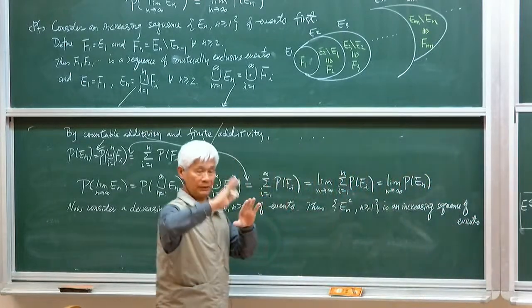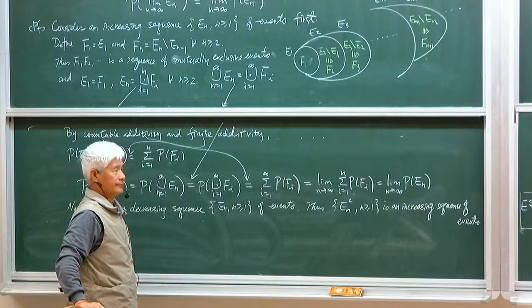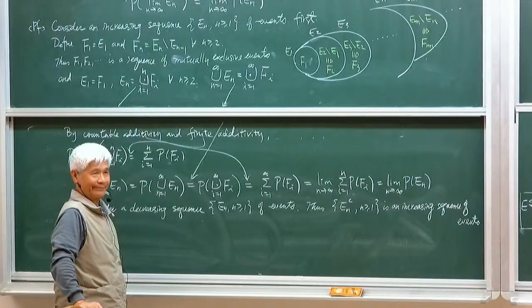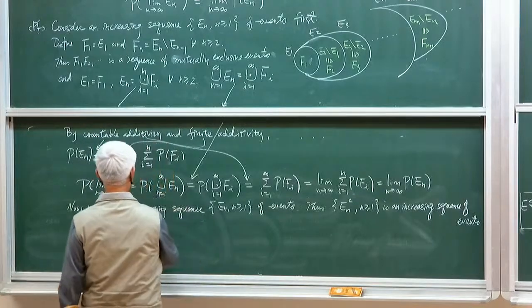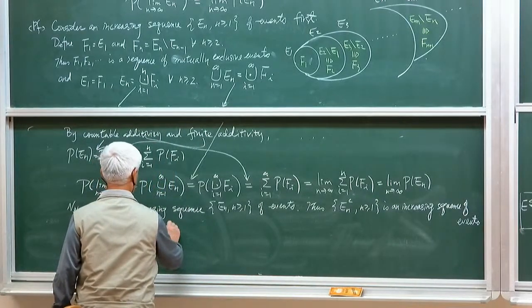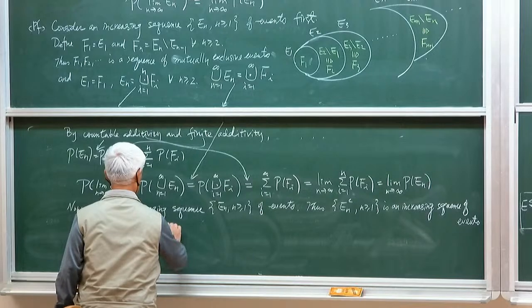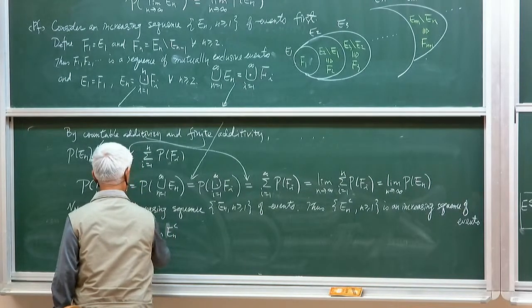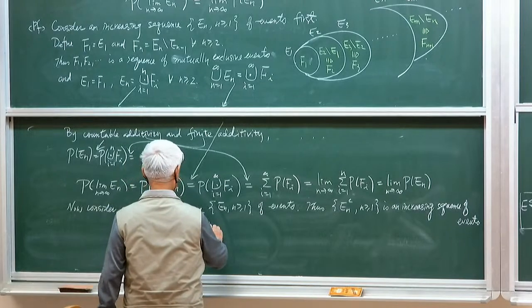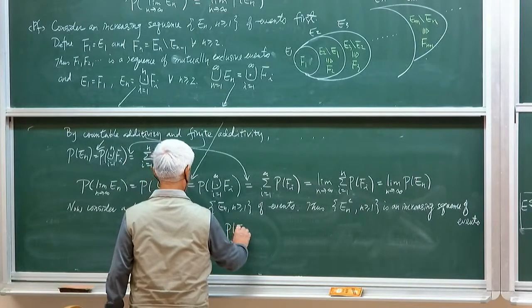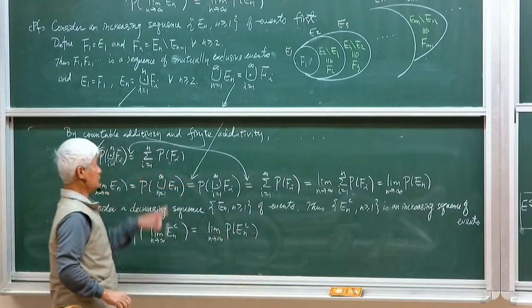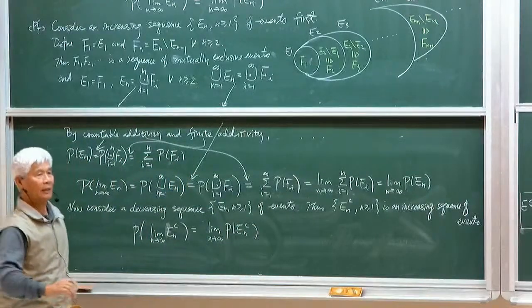The complement becomes increasing. You okay? Okay. So the probability of the limit of En complement is equal to the limit of the probability of En complement, because we just proved that.